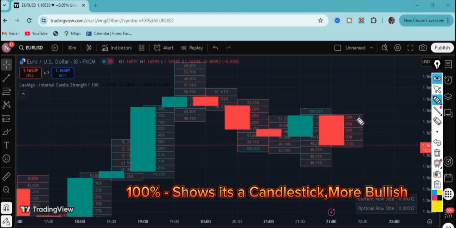When you see 100 appearing 1, 2, 3, 4 consecutively, it shows the most superior strength. When you see it single right here, guys, it doesn't really move much. So keep that in mind anytime you want to use this indicator. This is the most important thing to know.